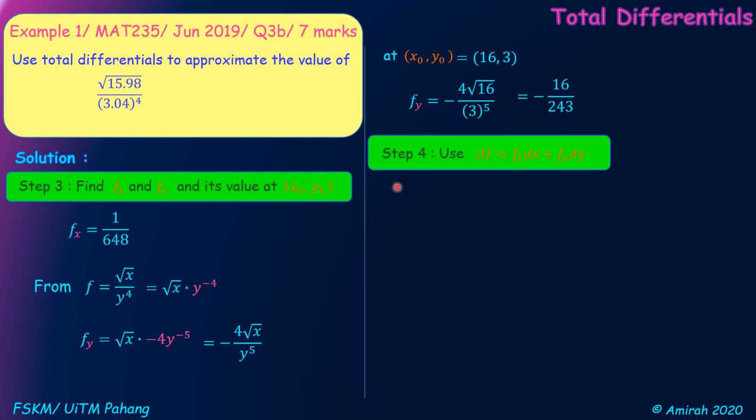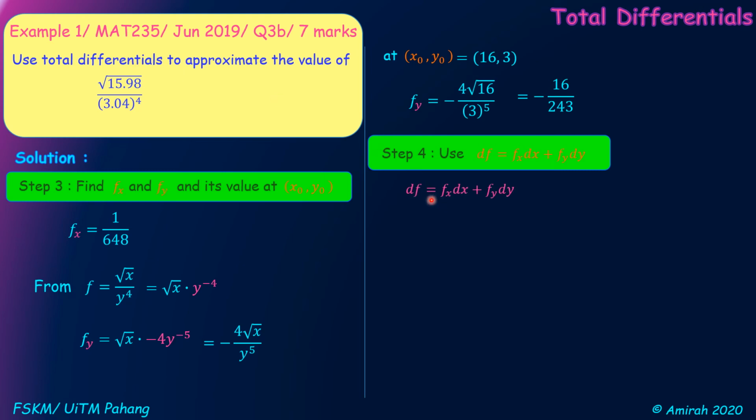And then we can continue with step 4, after we have found fx and fy and their values at x naught, y naught. Use df equals fx dx plus fy dy. df means total differential.